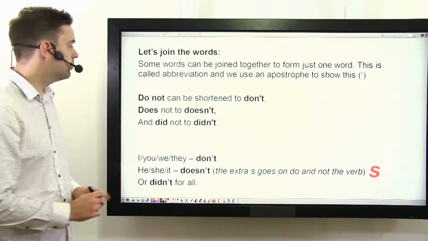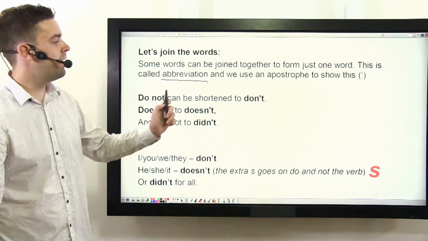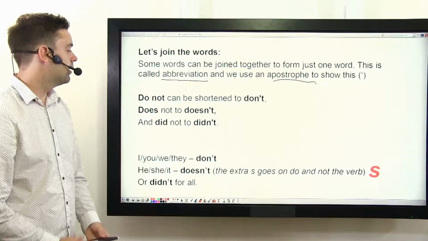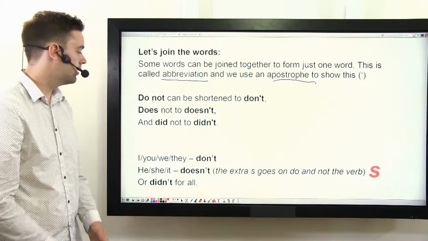Yet again, we can join some of the words together to form just one word. This again is called abbreviation, and we use an apostrophe to show this. So do not can be shortened to don't.